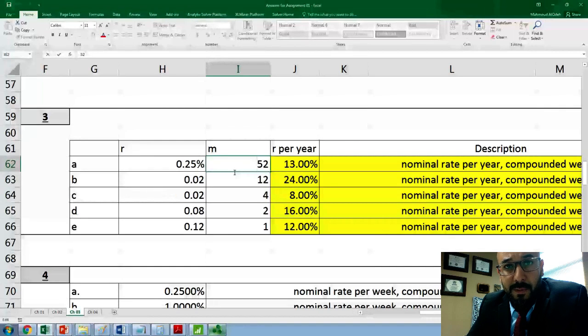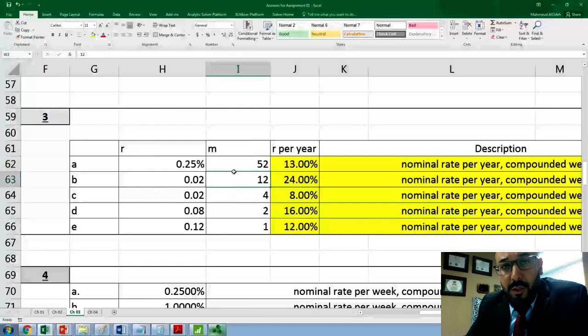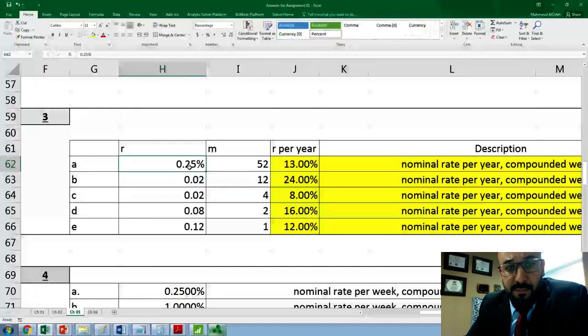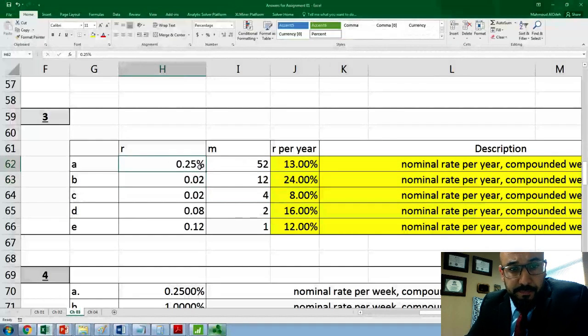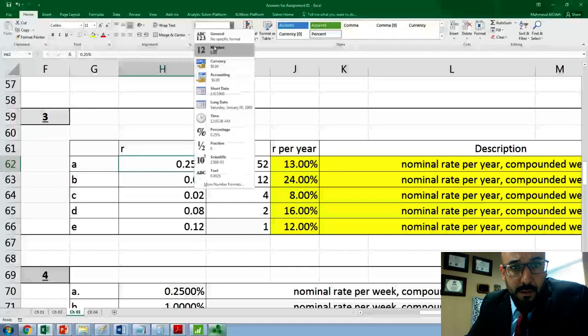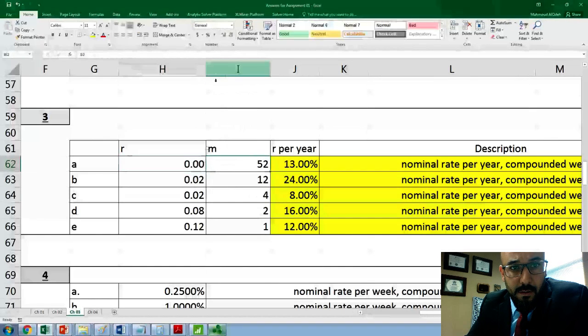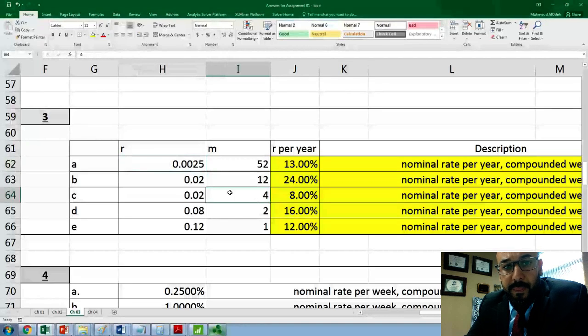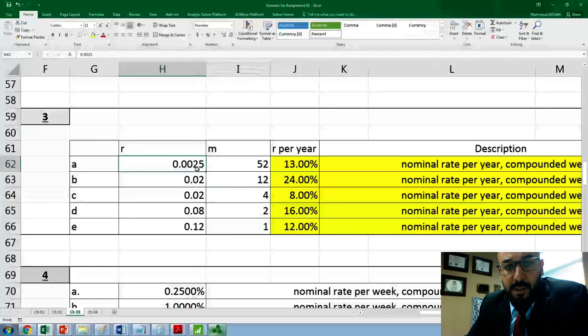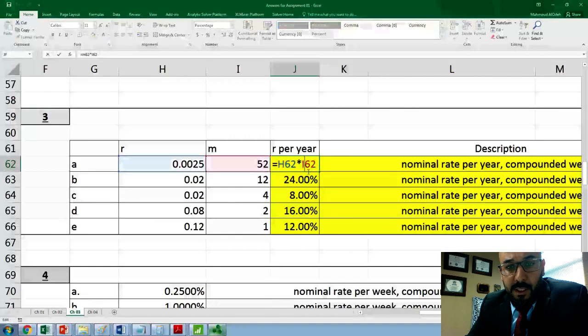Over a year, that would be 52. In order to calculate this, you multiply 52 times 0.25%, or you do the decimal as I mentioned. Okay, let's use the decimal. 0.0025 times 52 would give you 13%.